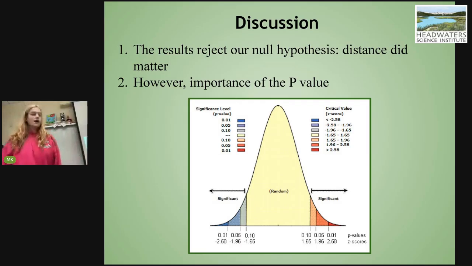Both of those graphs suggest that distance does have a bit of an effect on form, color, and nutrients of soil, though it was not as much as we thought it would be, as you can see by the kind of flat slopes. The results did reject our null hypothesis, and distance did, again, have that effect on both chroma and value, which was an indication that proximity was an important factor for soil health.